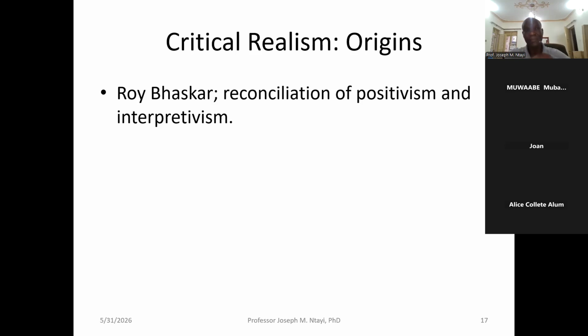So it doesn't matter whether you identify yourself with positivism or interpretivism, reality is there and it will exist independent of the researcher. So he now comes up with the perspective that understanding that particular reality remains imperfect.